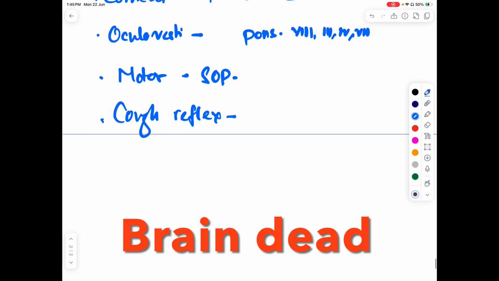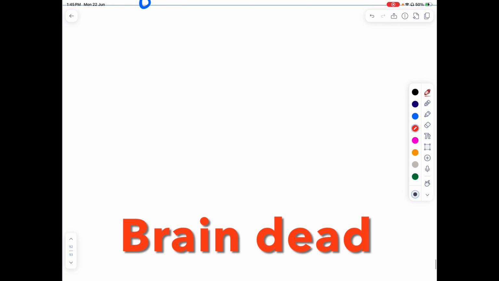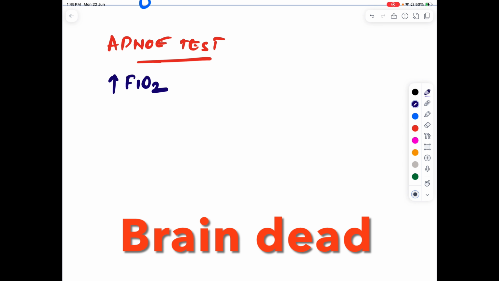If these are done, what is the apnea test? Apnea test is done once brainstem reflexes are confirmed. To confirm the brainstem, increase FiO2 to 1, saturation 95%.